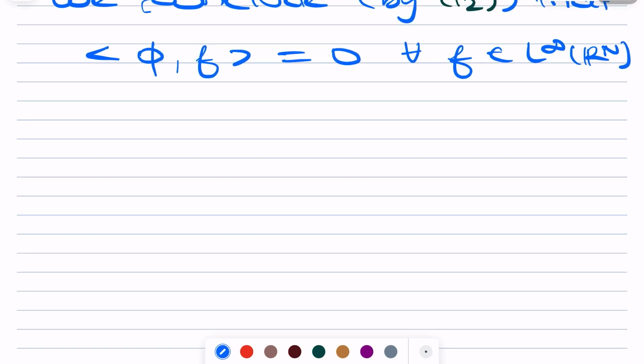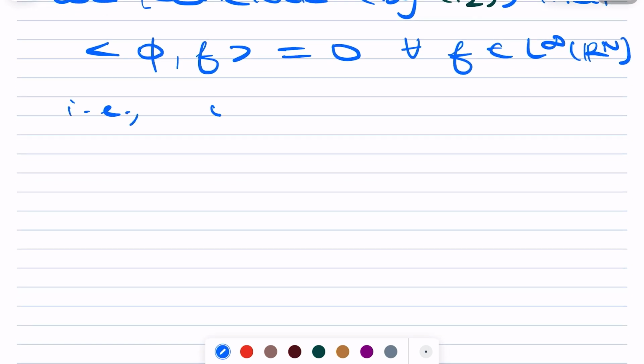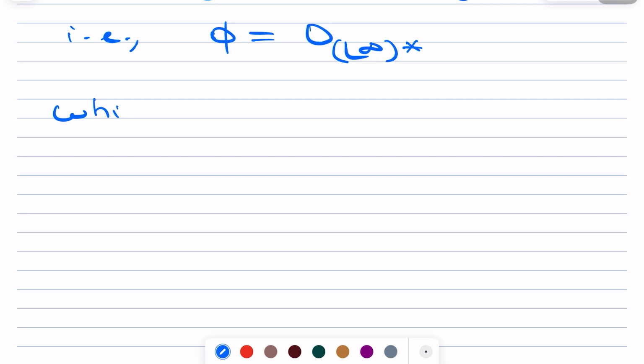So this means that phi is actually the 0 of the dual of L infinity, but this is a contradiction to gamma 1.